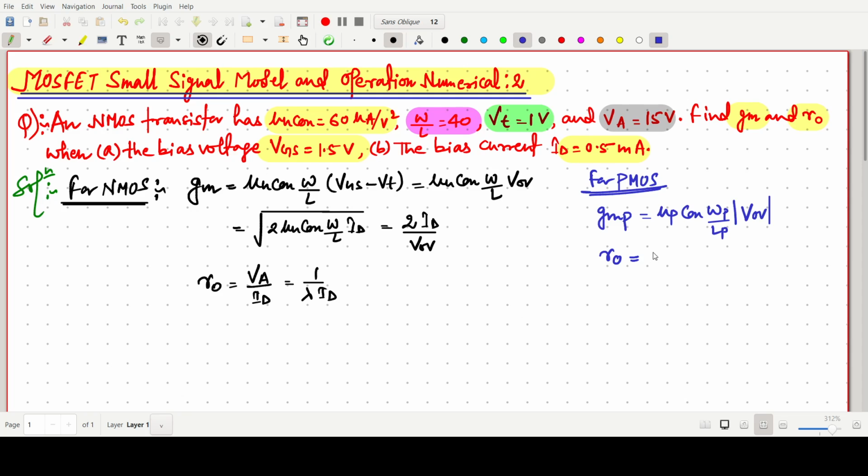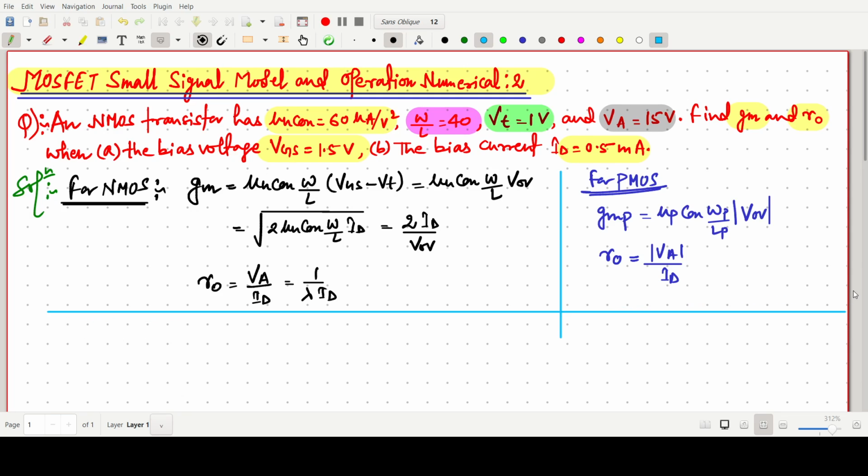So in this case it should be our VA by ID. These are very important formulas for NMOS and PMOS. Likewise, you can solve any problem. So now we will go for the problem.